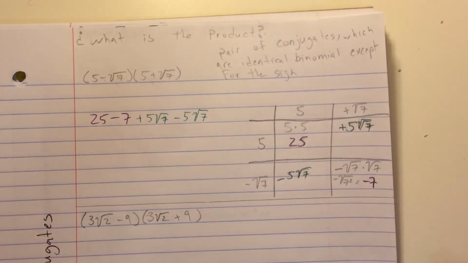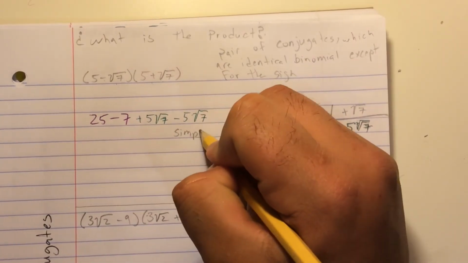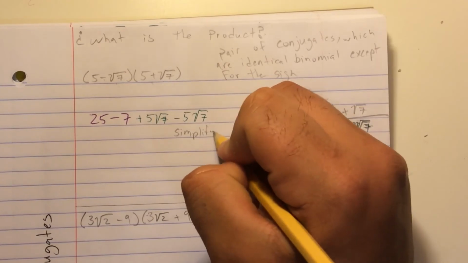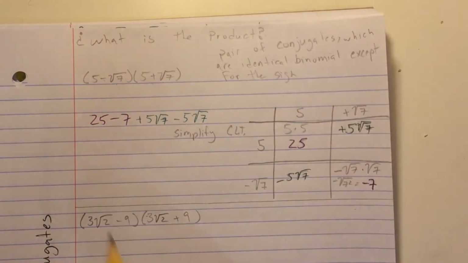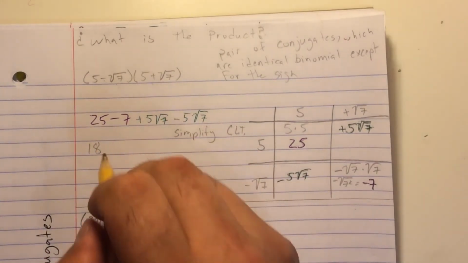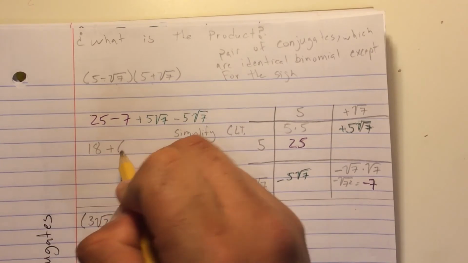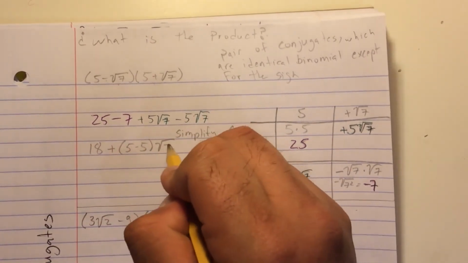So we're going to go ahead and do our simplifying by combining like terms. So it's going to be 25 minus 7, which is 18, plus, and then we have our 5 minus 5 times our radical 7.